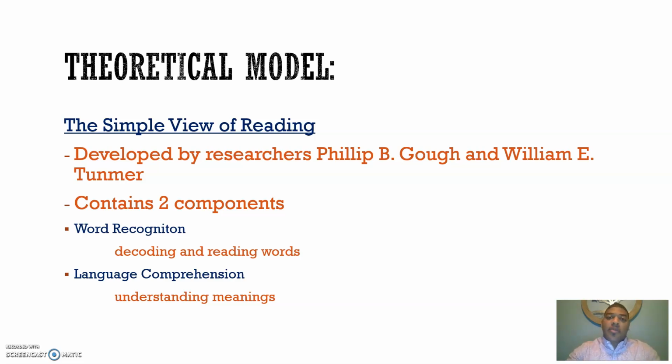And you have language comprehension, being able to understand the meaning of what those words mean when a reader is trying to read. And in this model, it's focusing on the concept that a student may have issues with either word recognition in itself or language comprehension in itself, or both together.